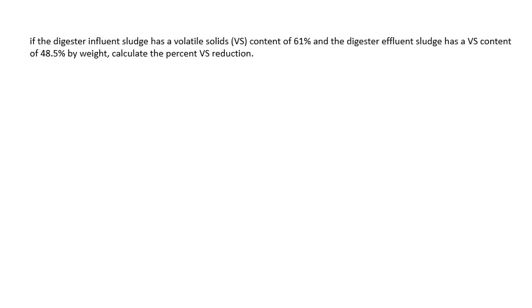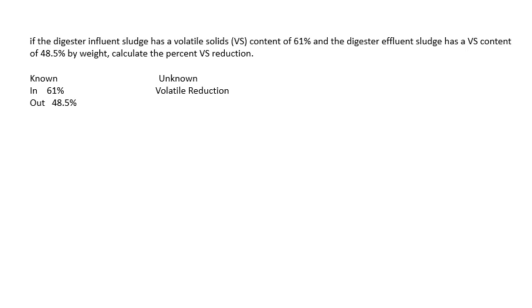If the digester influent sludge has a volatile solids content of 61% and the digester effluent sludge has a VS content of 48.5%, by weight, calculate the percent VS reduction. So we pull our knowns and unknowns from our word question. What we know is the influent of 61% and the effluent of 48.5%.